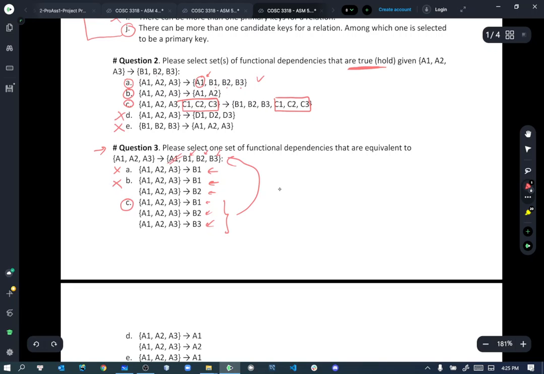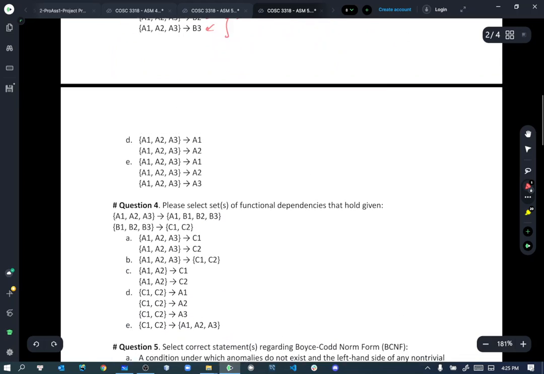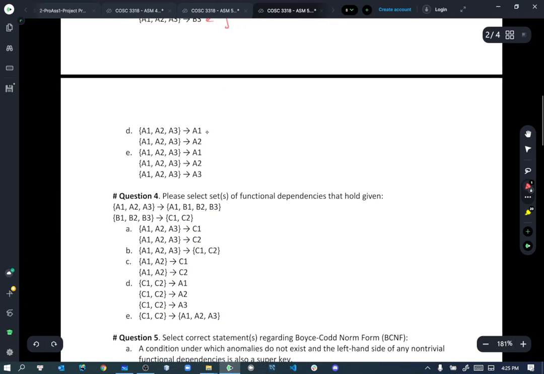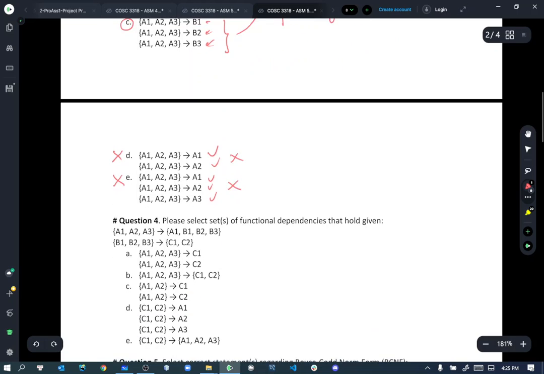And actually, it is a splitting rule. From here, this is true. This is also true, but they are not telling about determining B, so it's not equivalent. This is true, this is true, this is true, but they are not telling about determining B, so they are not equivalent. So this one is not true, this one is not true.